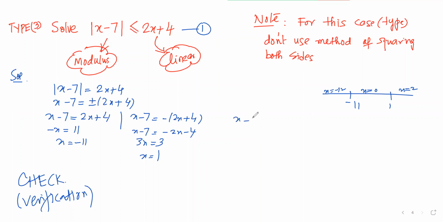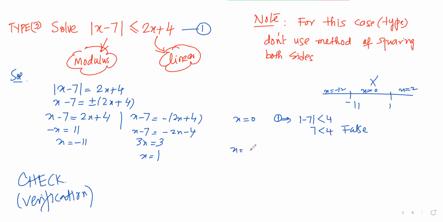So x equals 0, put in 1. 0 minus 7 is minus 7, modulus is 7, less than 2 into 0 plus 4. As I'm taking a number in between, just write less than. We're just verifying this thing. So 7 is less than 4, which is obviously incorrect. So cross it out.